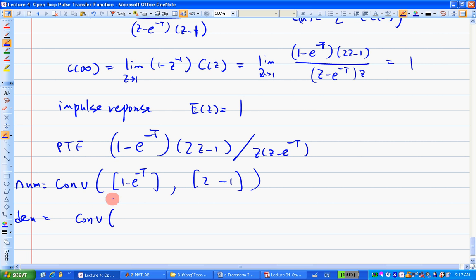The z here, so that's the convolution. Well, not exactly a convolution, it's a convolute process in MATLAB. The z here is 1, 0, right? z is 1, 0. And z minus e to the power of negative T is what? It's 1, negative exp of negative T. See that?